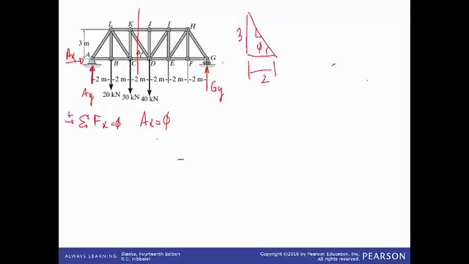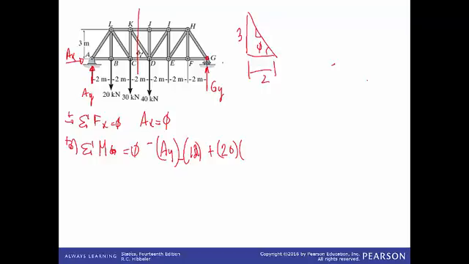And then we need to calculate the support reaction in A, so we can calculate the moment about point G. And here is equals 0. So we have AY times 10, and that would be a negative moment, and then I have plus 20 times, oh no, it was 12.